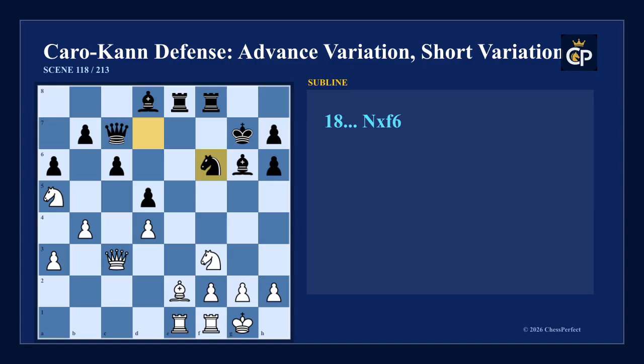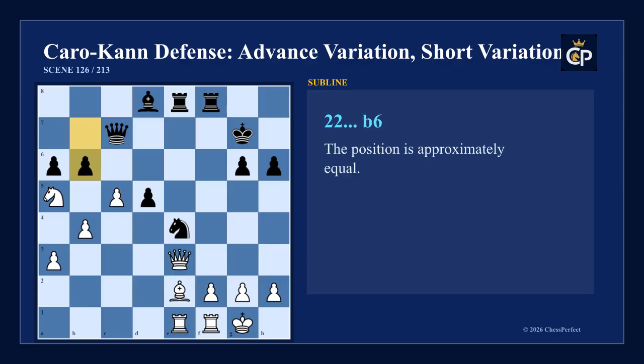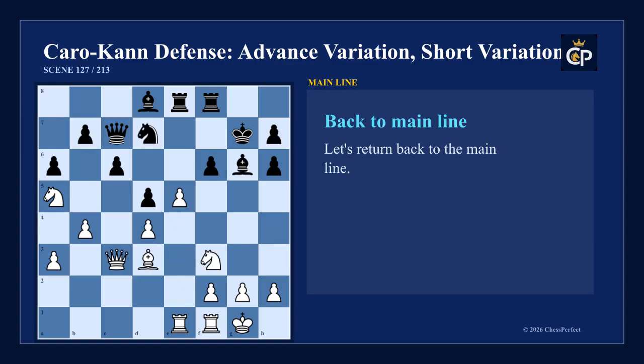Knight takes f6, knight e5, c5, knight takes g6, knight e4, queen e3, h takes g6, d takes c5, b6. The position is approximately equal. Let's return back to the main line.